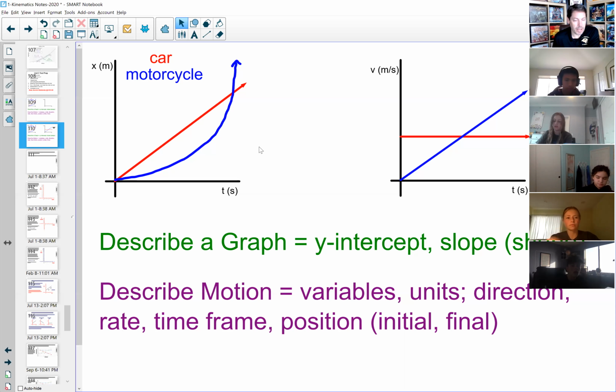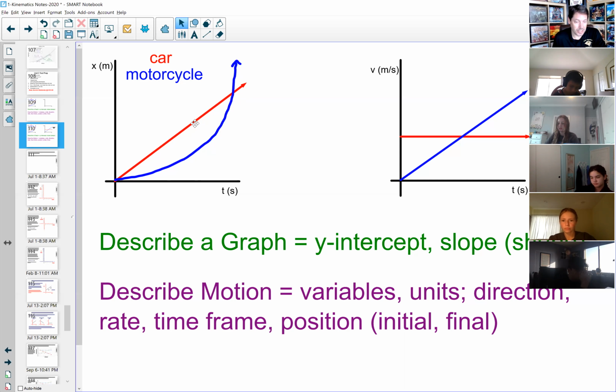All right, so let's think about what that's really telling us. The car and the motorcycle are two different vehicles, but because the car's line is a secant for the motorcycle, what that tells me is from the place where they both start at the origin to the place where they intersect again, where they're at the same distance from the origin, the velocity of the car, which is constant, is the average velocity of the motorcycle.